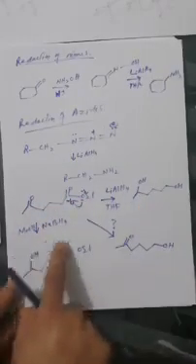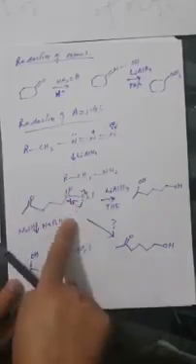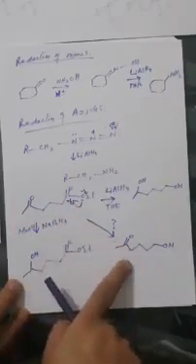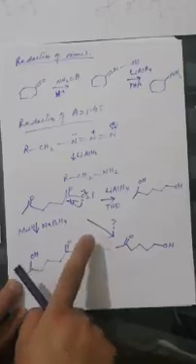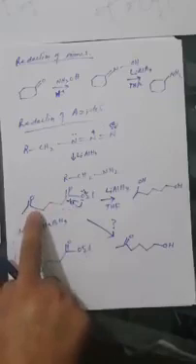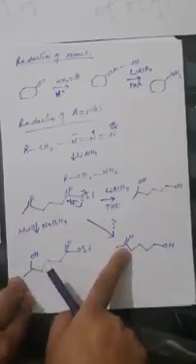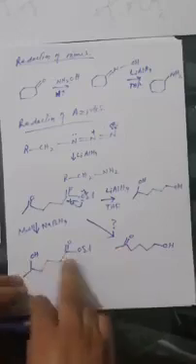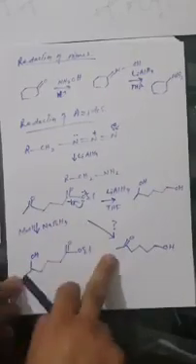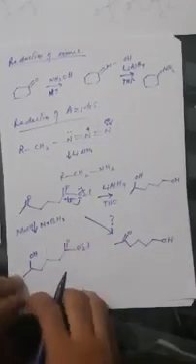If you use sodium borohydride, then it will selectively reduce the ketone but not the ester. But in this conversion, you will have to reduce the ester in the presence of a ketone group, which should remain intact. Think over it, search on the internet, and then find the answer. This is a very important example.